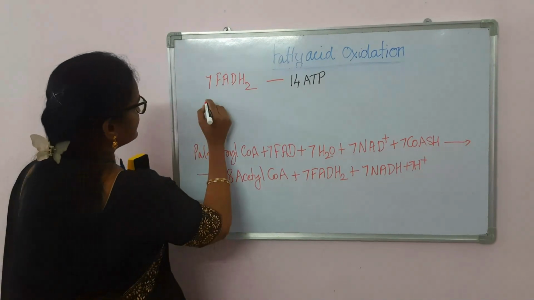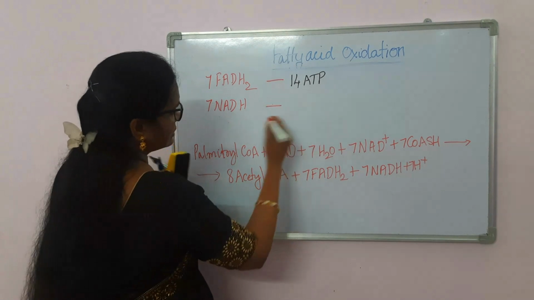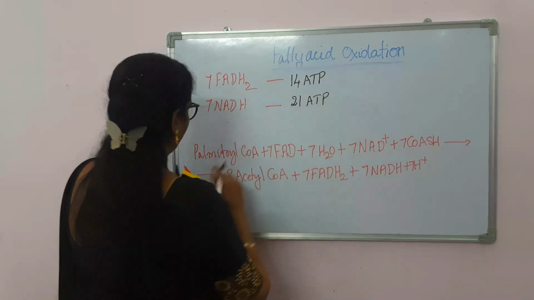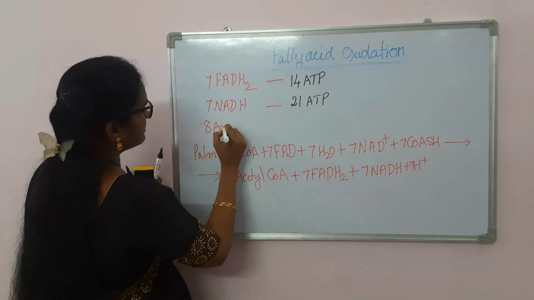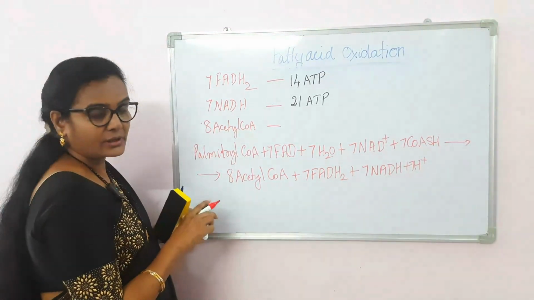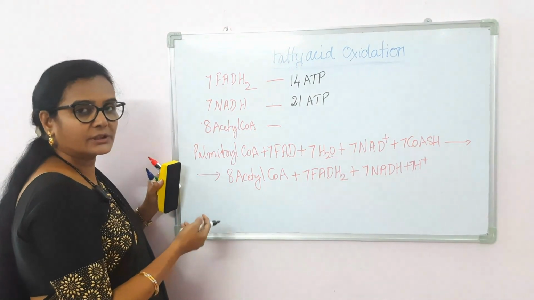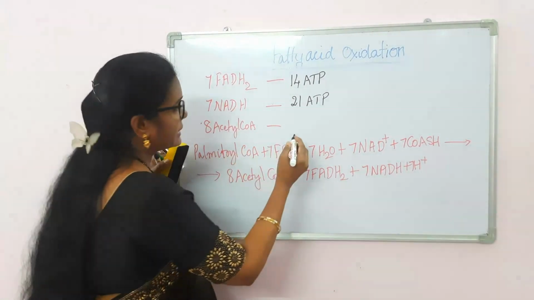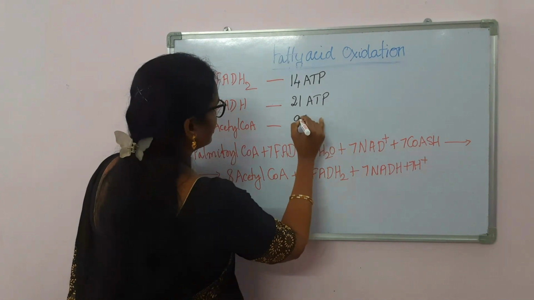Then 7 NADH enter the electron transport chain and yield 21 ATP. Then there are 8 acetyl-CoA molecules. Each acetyl-CoA enters the Krebs cycle and is completely oxidized to carbon dioxide and water, giving 12 ATPs. So 12 times 8 is 96.